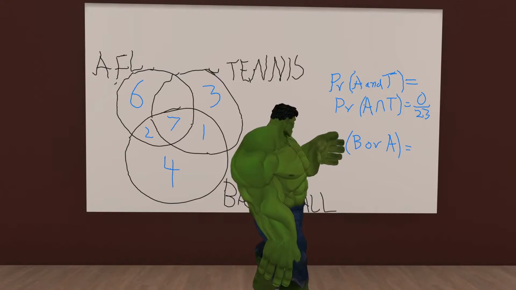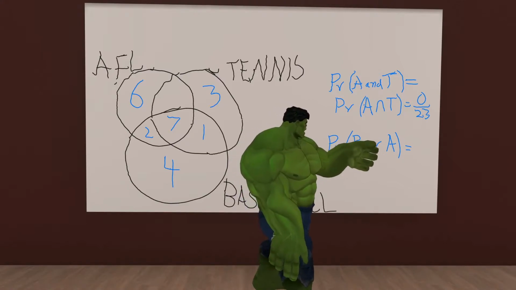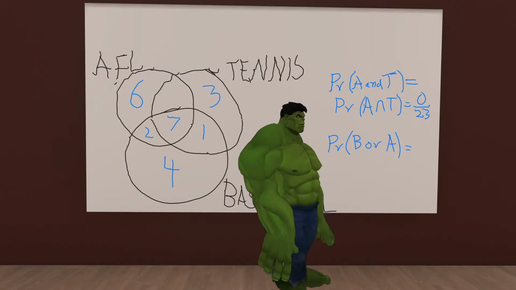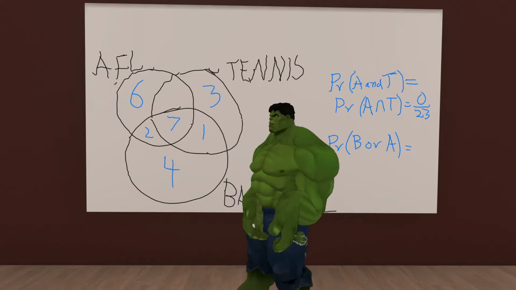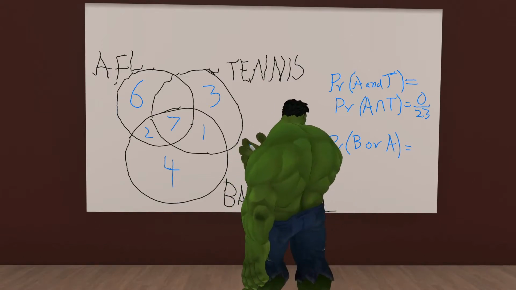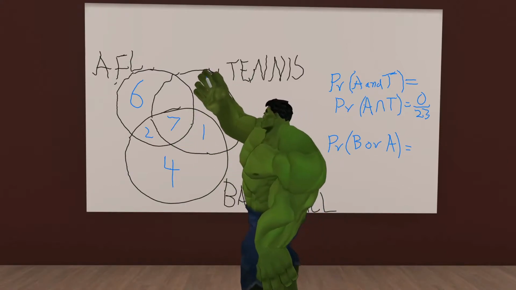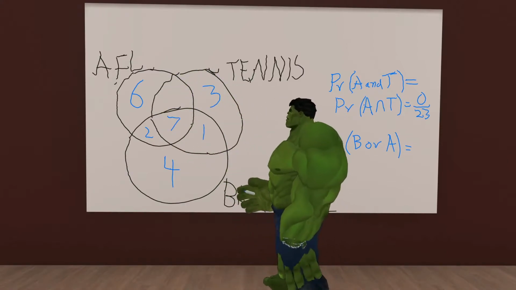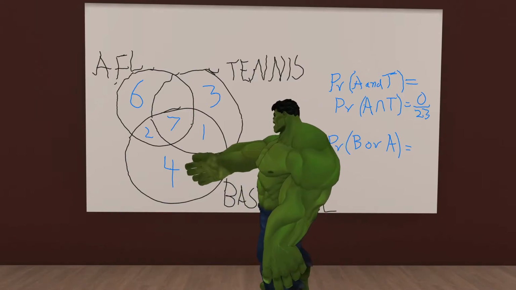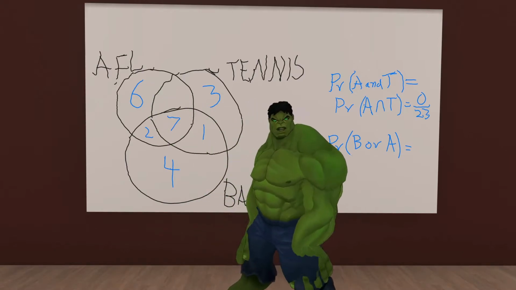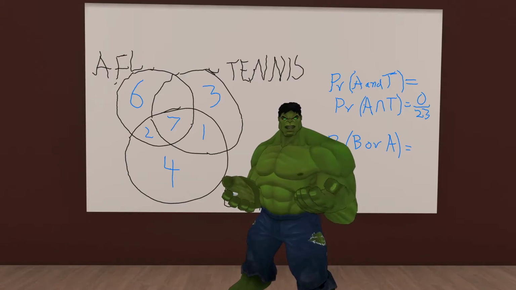What this is asking is how many people are in the basketball circle or the AFL circle. Let's have a look at our Venn diagram. So we have the basketball circle and we also have the AFL circle. So what this is asking is how many people are in this circle or this circle. So we use another symbol for this. This is called the union.